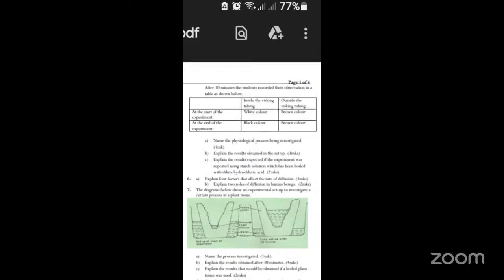A disaccharide is made of two monosaccharides. A disaccharide is more complex compared to a monosaccharide. However, the most complex form of a carbohydrate is a polysaccharide.